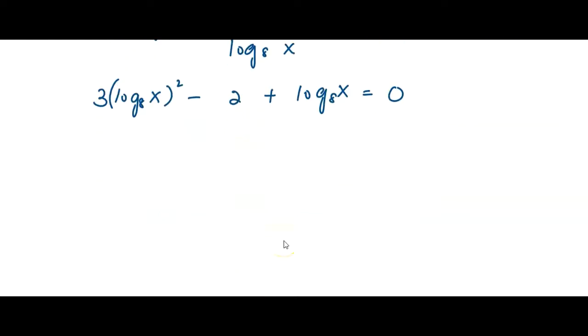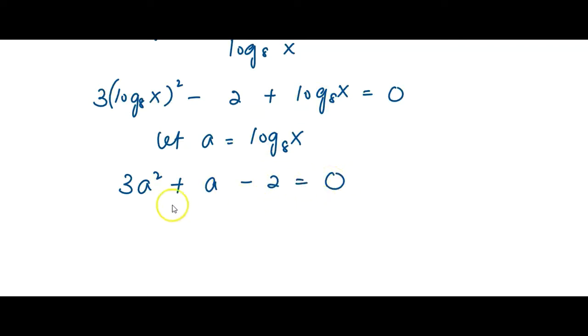Later on, we can substitute this a as log x to the base of 8, and you will rewrite your equation in terms of a. This will become 3a squared plus a minus 2 equals 0. Then you can see that this is a quadratic equation. You can use the quadratic method to solve the equation.